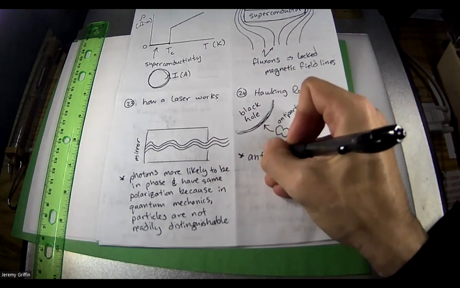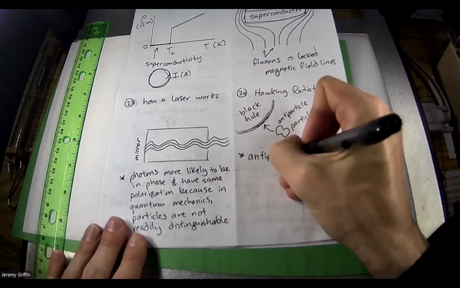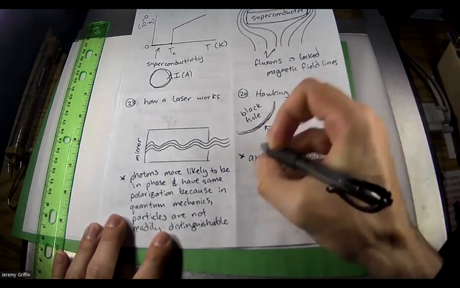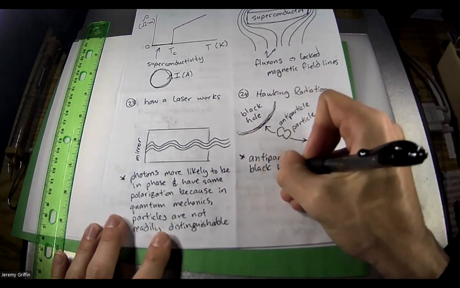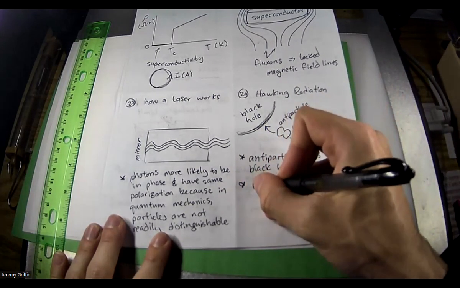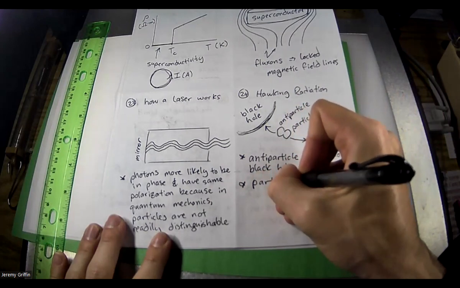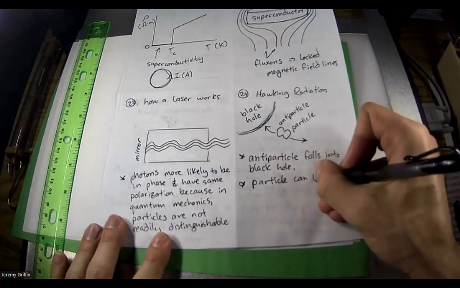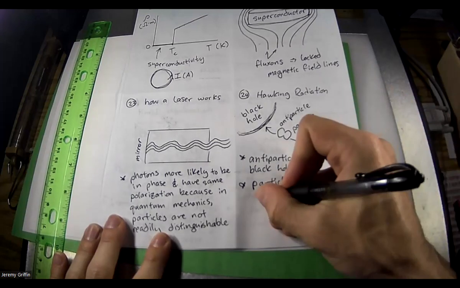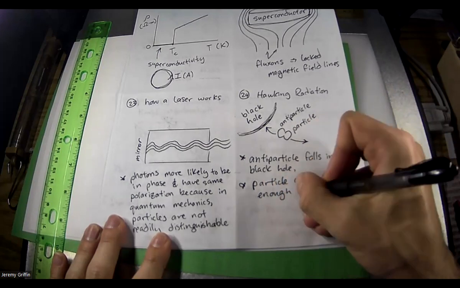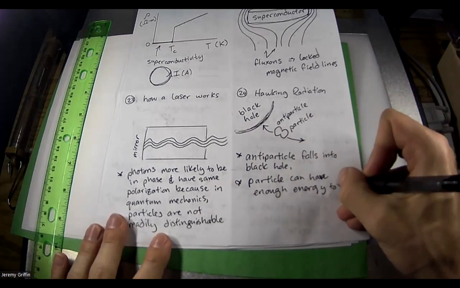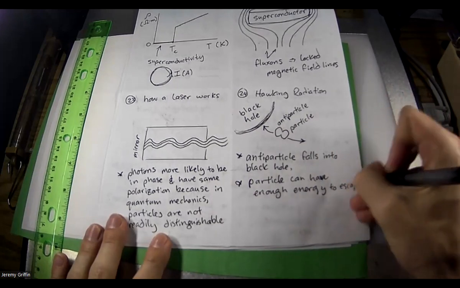So the antiparticle falls into the black hole, whereas the particle can have enough energy to escape into the universe.